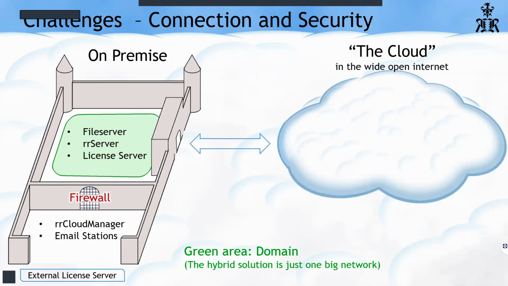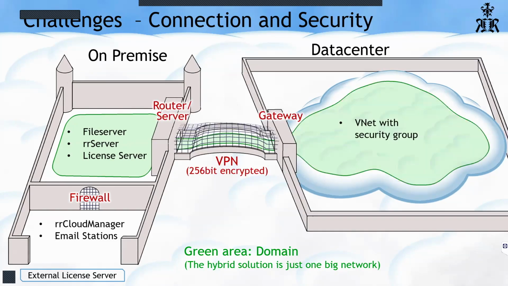Then you have the cloud, the wide open internet. A lot of people think, oh, the cloud is not secure, and what about my data? But that's why we use a VPN, and the data center itself is secured as well. The cloud manager could start OpenVPN, or you use your router or a switch as your own VPN server.